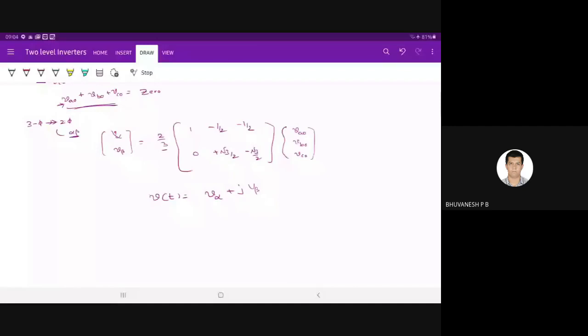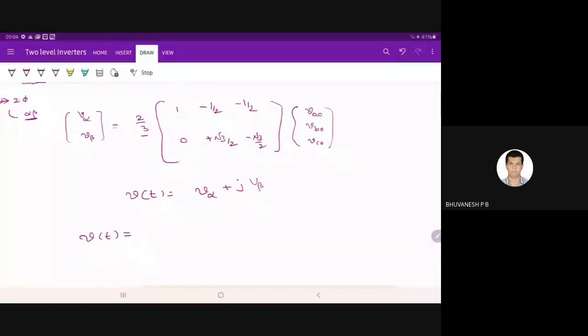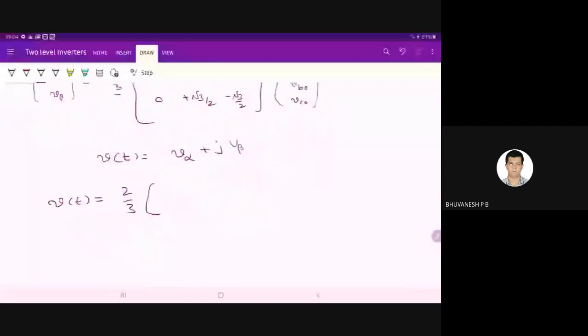To expand this, V of t is 2 by 3 into, so we can write this like this: Va0 into e to the power of j0, plus Vb0 into e to the power of j 2 pi by 3, plus Vc0 into e to the power of j 4 pi by 3.